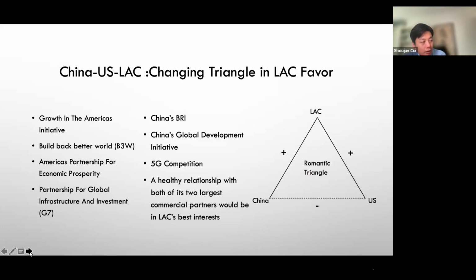I think most of us share the opinion that Latin America should keep a balance between China and the US. That means not siding with any country, but keeping a balanced relationship. That's very important.